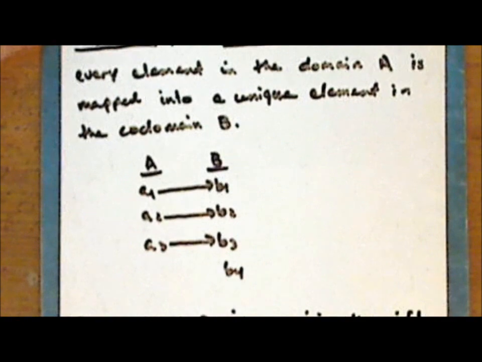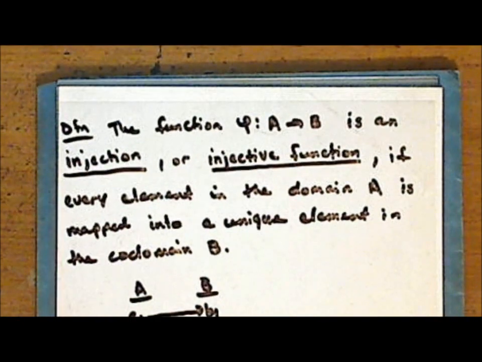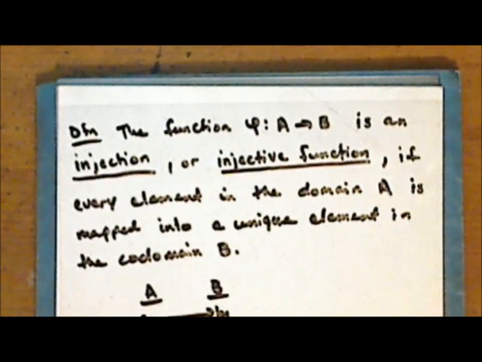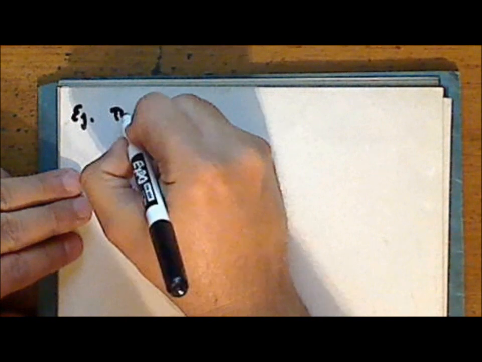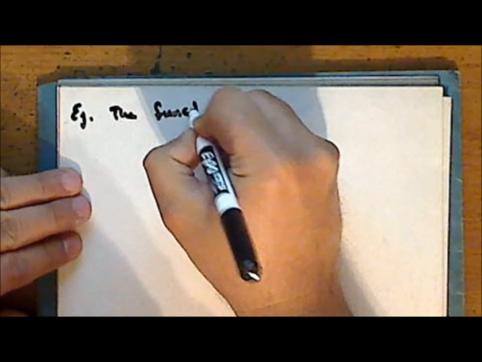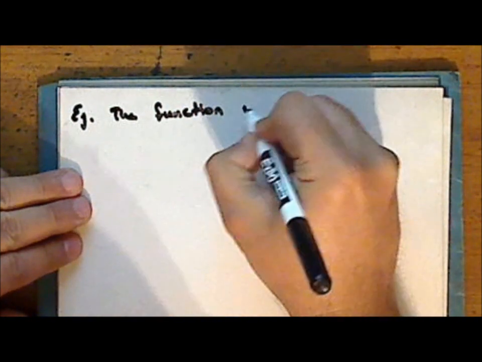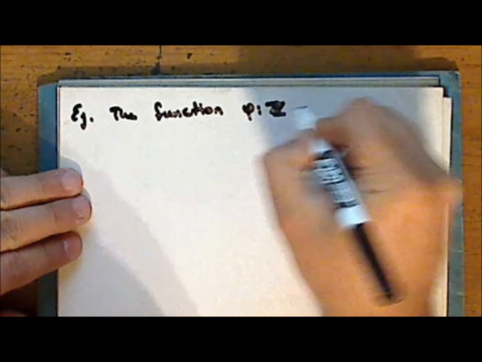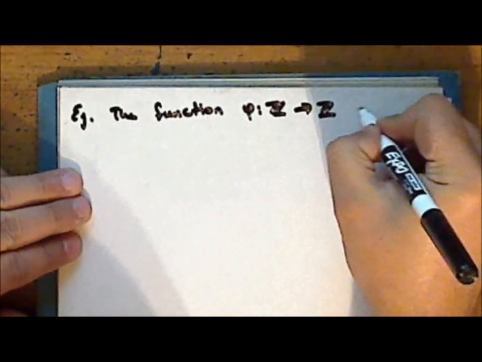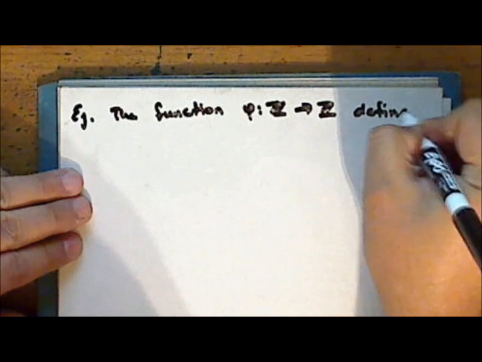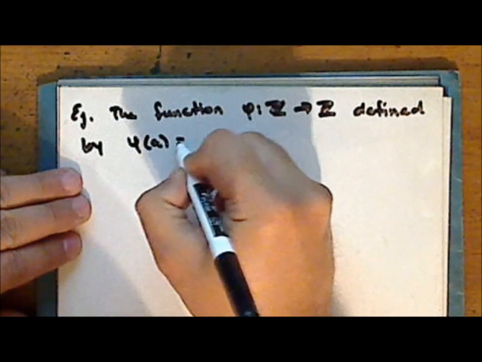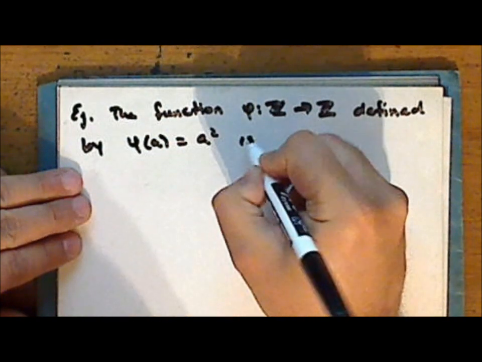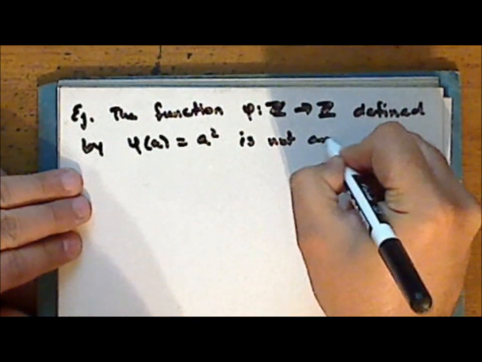So let's look at an example first of a function that is not an injection. The function phi from the set of integers back into itself, defined by phi of a is equal to a squared, is not an injection.